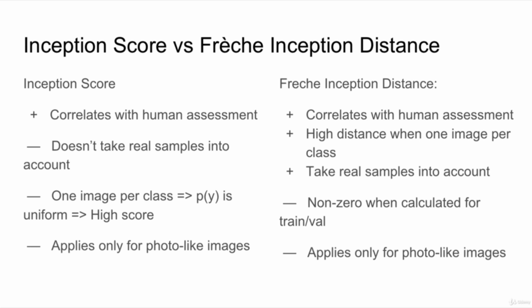FID is sensitive to it. The disadvantage of the FID is that if we take two different batches from the train set, then FID will be non-zero, which is not good. And both these two metrics have a common disadvantage. They can be applied only to photo-like images like cats, dogs, airplanes, or anything.